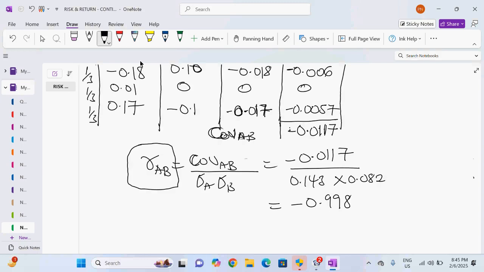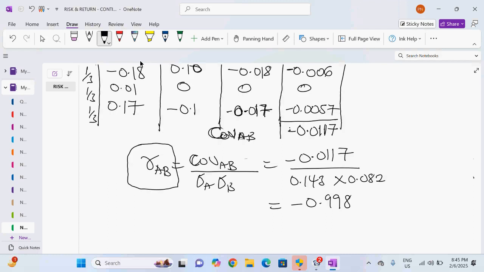But when it is negative, it is advisable to invest. A positive relationship means they move in the same direction, so when you lose, you lose both assets. But if they move in opposite directions, when one is decreasing, the other is increasing. So when you lose one, you will definitely get the other one.